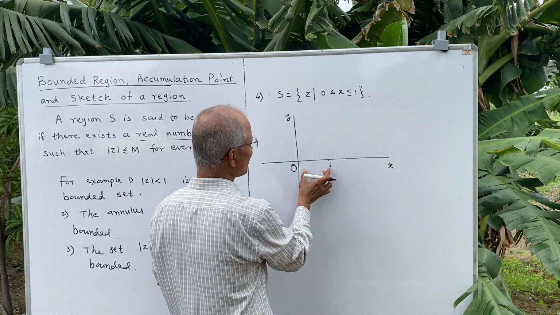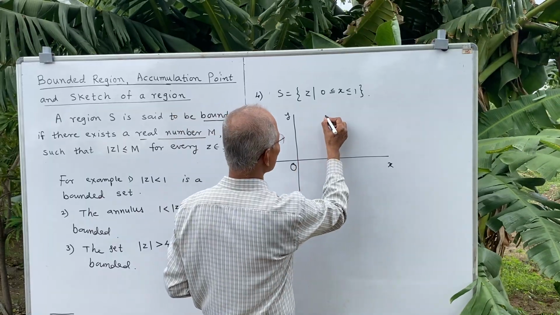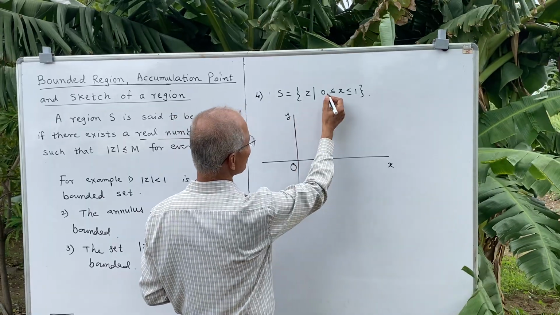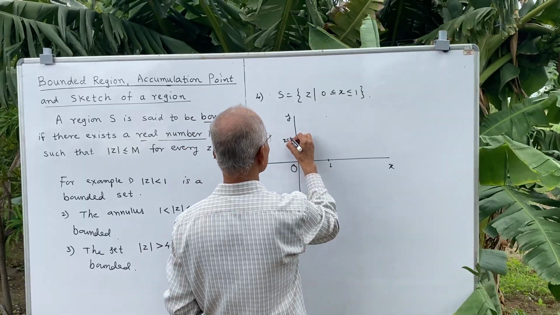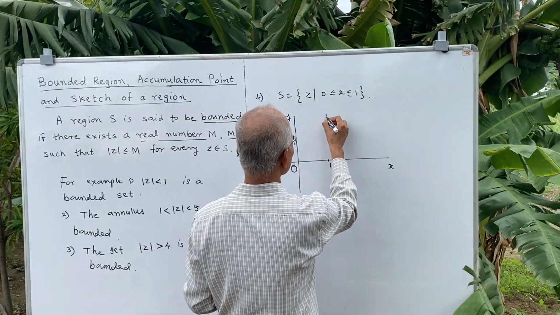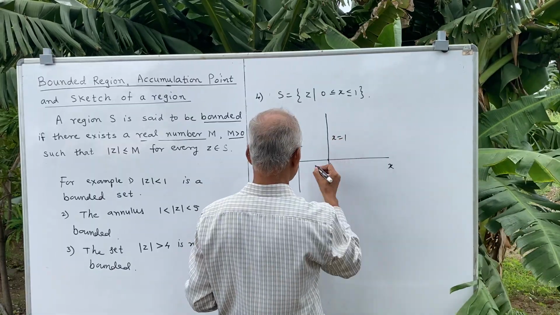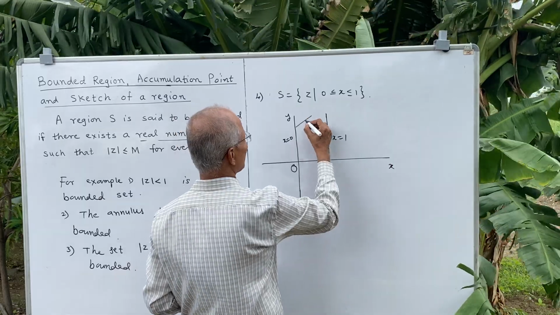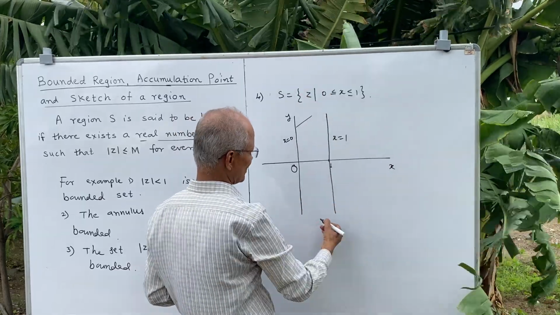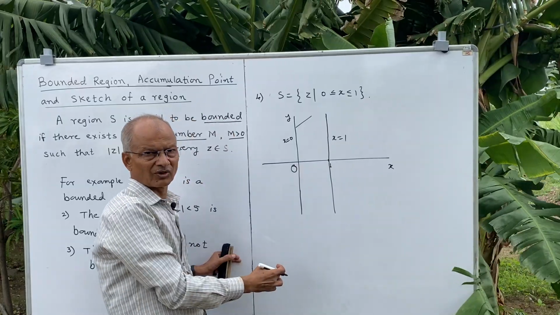So, here x is 0 and here x is 1. All those complex numbers which lie in this strip, that means if you consider the line x equal to 0, then that is the y axis, and this line will be x equal to 1. Therefore, this region is unbounded, and it extends up to y taking infinity and y taking negative infinity.